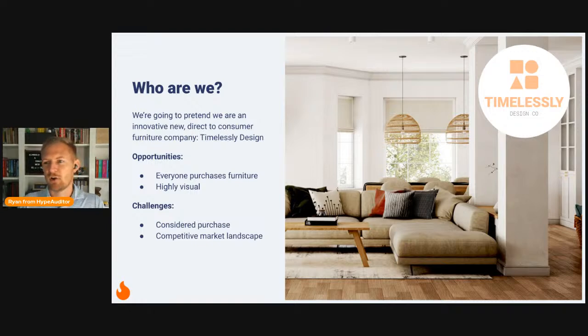We are trying to take on a brand like Burrow or, the name escapes me, Nathan James, people that are very much an e-commerce first brand, aesthetically pleasing. We're trying to take them on, but we have to fight through considered purchases, lots of options. And so this is our sort of opportunity and challenge. So when we're going through this, just keep this in mind. This is who we're going to be today.